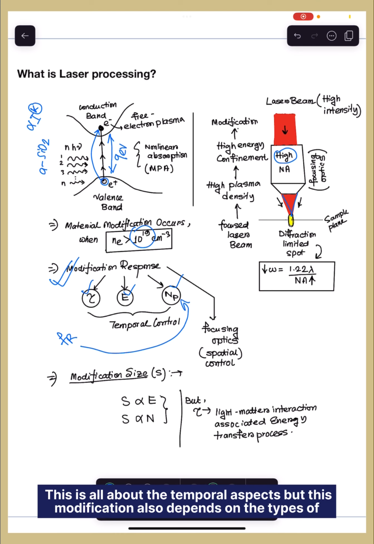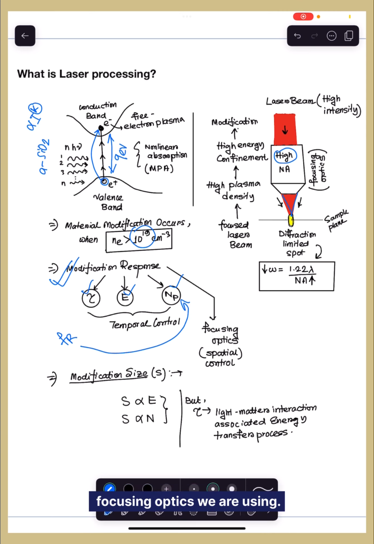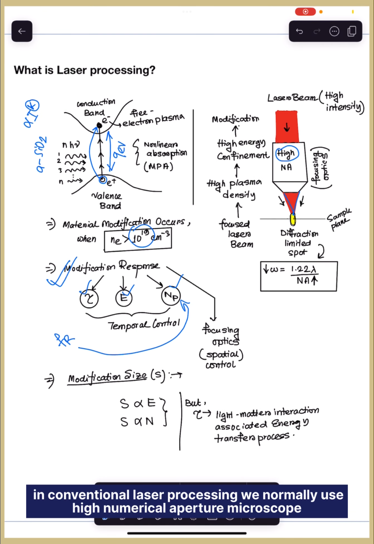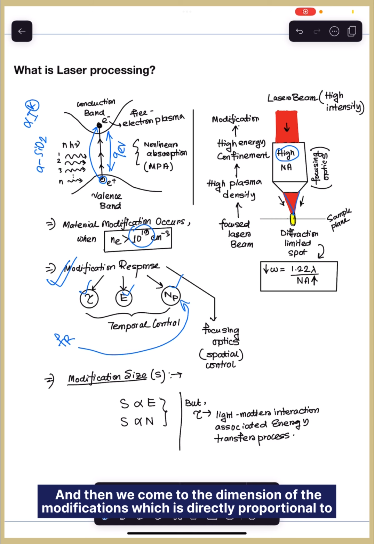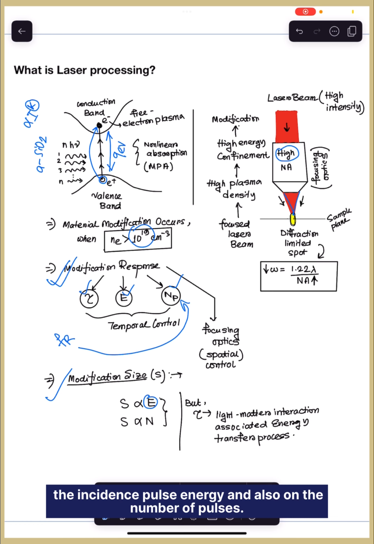This is all about the temporal aspects, but this modification also depends on the type of focusing optics we are using. In conventional laser processing, we normally use a high numerical aperture microscope objective lens to modify any material. And then we come to the dimension of the modification, which is directly proportional to the incident pulse energy and also to the number of pulses.